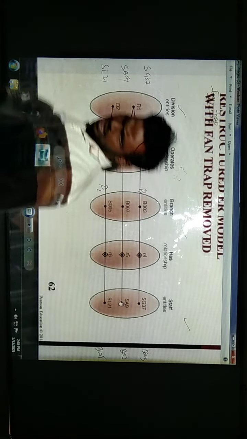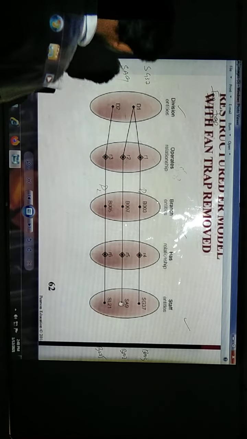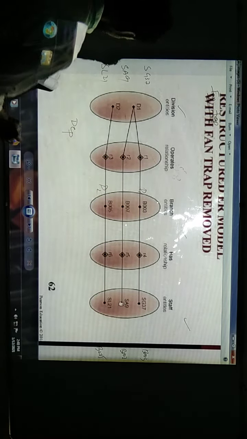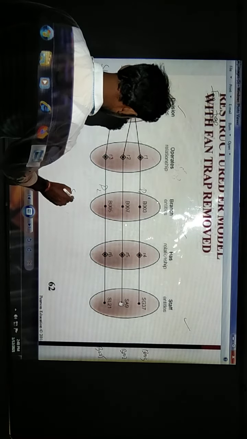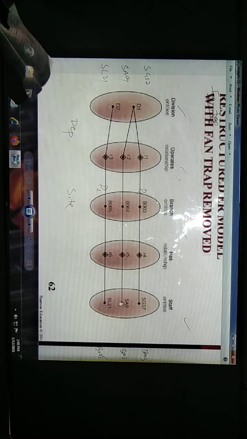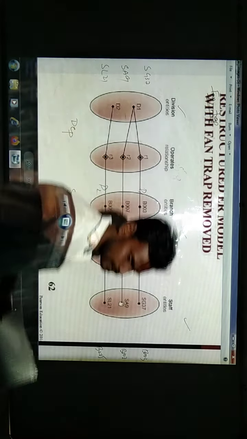Now let us try to understand the example that is available in your material. See here, they have given department and site, and they have given staff and department. The relation is like this.